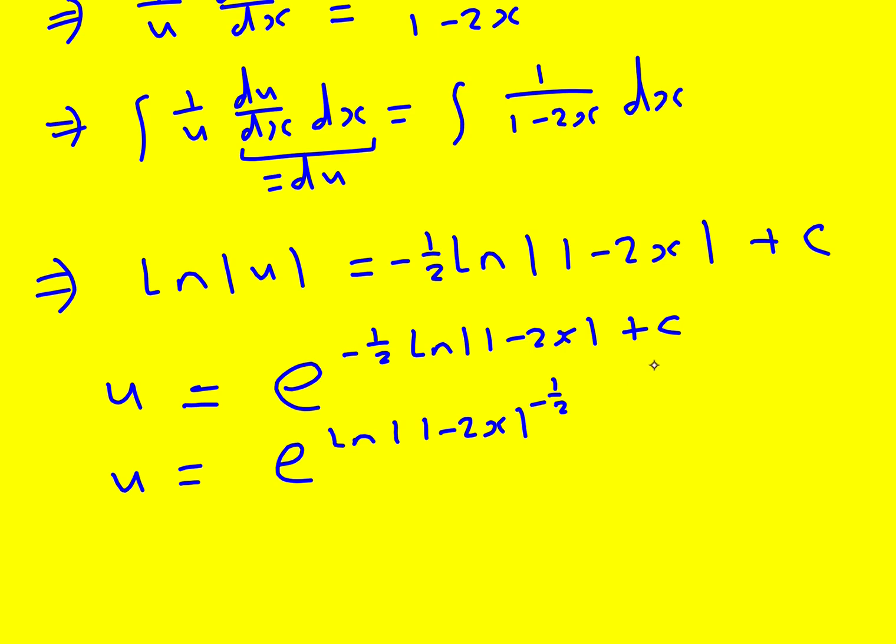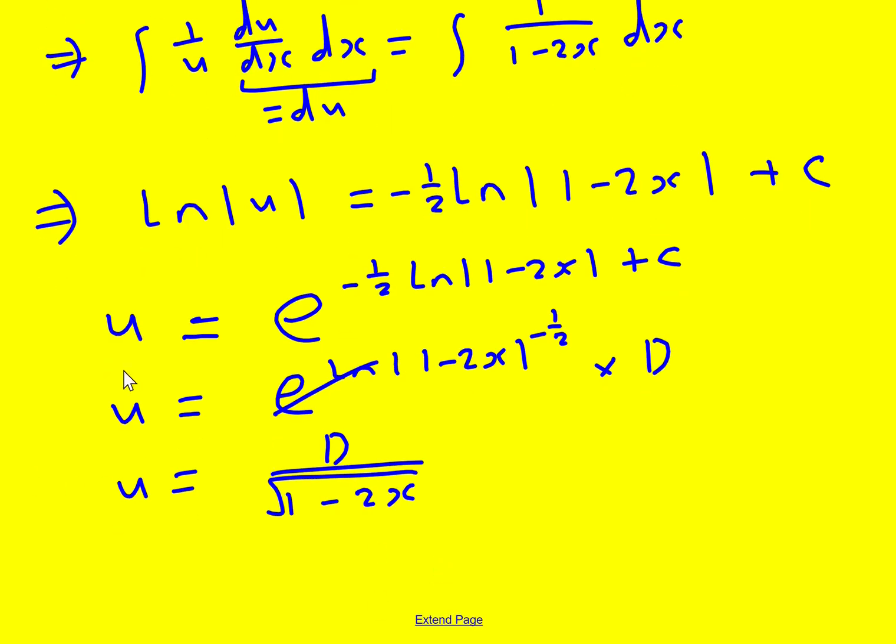And then when we got the plus c, we can actually write that as e to the c. We can bring it down and call it something else, like d, for example. And then these cancel, so u is actually equal to d all over the square root of 1 minus 2x. And that has to be positive, so I don't need the modulus signs. I hope that makes sense that I can do that.